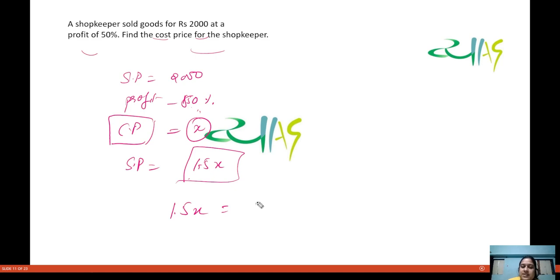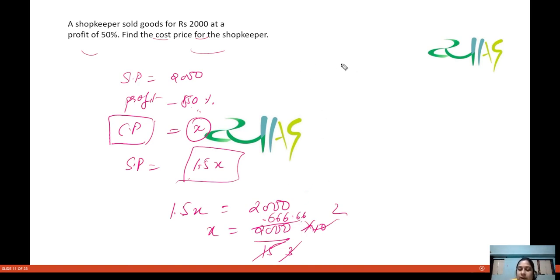Now 1.5x is equal to 2000 for me. Now this will become 2000 divided by 15 into 10, because this is 1.5. Now you can obviously calculate this. 5 2 times, and this is 3 times, and this is 666.66.